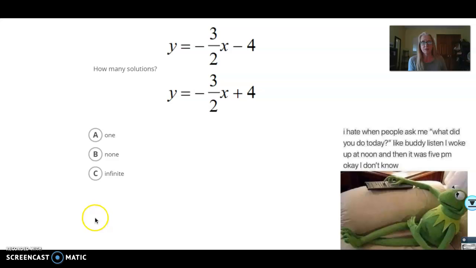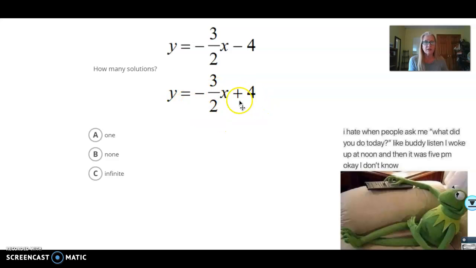This is number 5. Again, in slope-intercept form. But what you notice about this one is the slopes are the same. That means these two lines are traveling in exactly the same direction. Now, looking at the y-intercepts, they don't cross y at the same place.